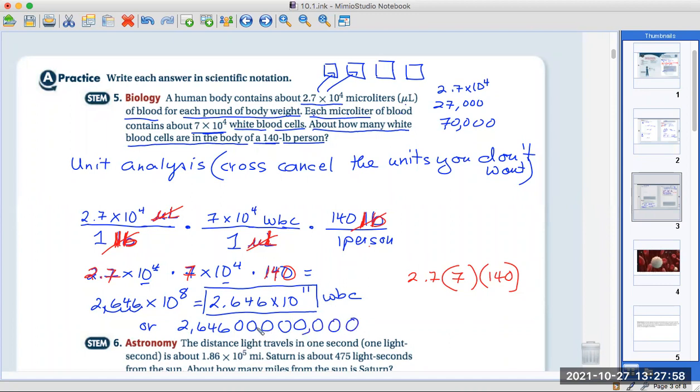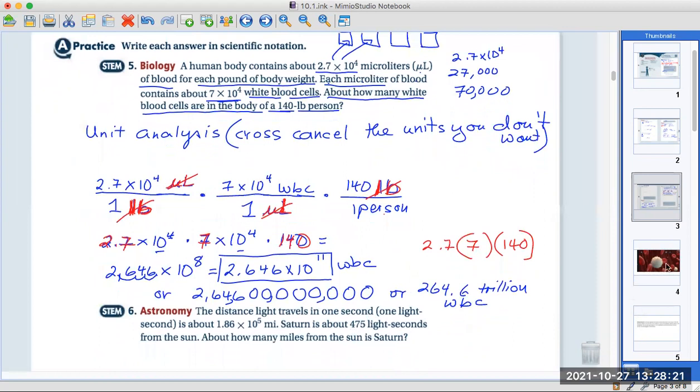So to read the number, put in commas after 3 from the back. So that's a big number. I believe it's 264.6 trillion white blood cells. It's a big number.